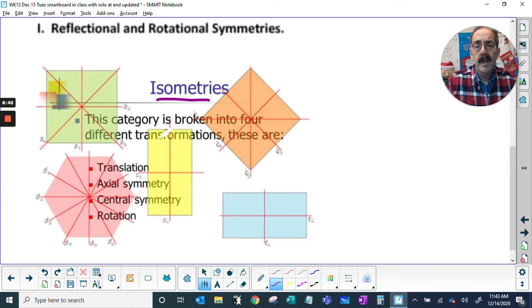And every shape, squares. Remember the diagonals we talked about? A rectangle, right? So we could have reflective. This one, we could have rotational, reflect, and rotate.